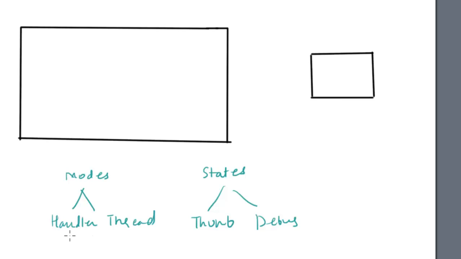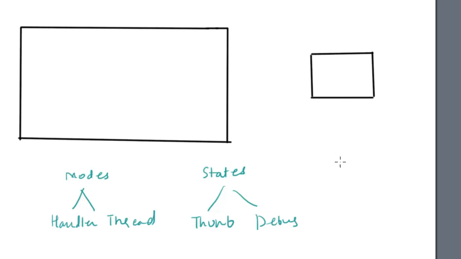Handler is when your interrupts occur, and thread is the normal execution of the program. So basically all the while the controller will be running in thread mode, and then whenever an interrupt occurs, it goes to the handler mode. So coming back to the states, there are 2 states. There is a thumb state which is normal execution of instructions, and there's a debug state wherein you can debug the processor.